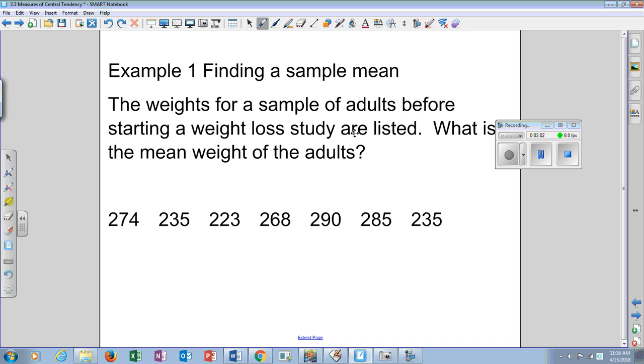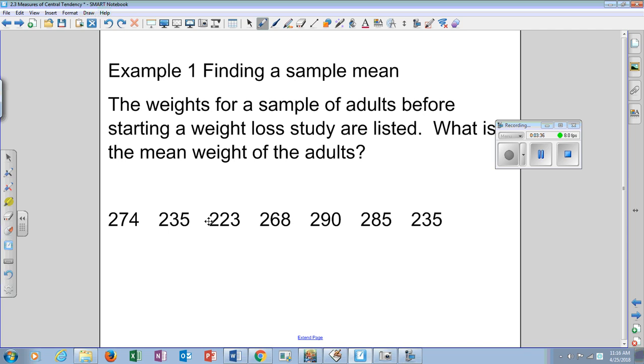Example 1, finding a sample mean. The weights for a sample of adults before starting a weight loss study are listed. What is the mean weight of the adults? So basically we're just going to add all of these up. You're going to do 274 plus 235 plus 223 plus 268 plus 290 plus 285 plus 235.